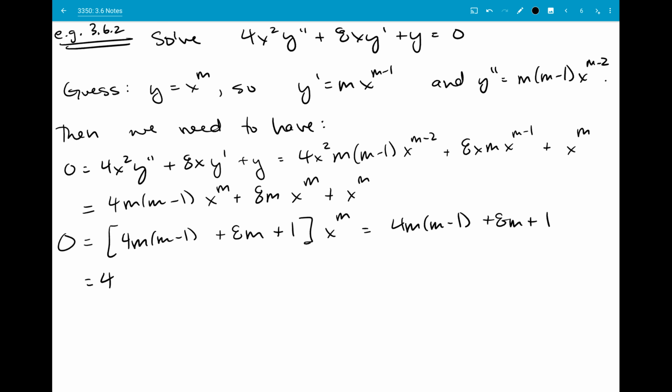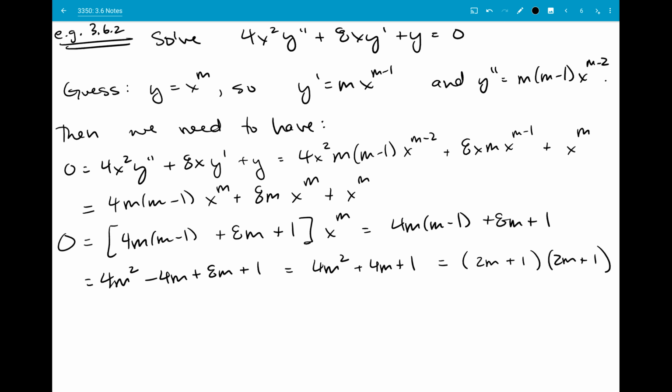So when I start to multiply things out, I've got 4m squared minus 4m plus 8m plus 1. So that's 4m squared plus 4m plus 1. And if I want to try to factor that, I'm probably going to need a 2m out front of both of these, and a 1 to get that plus 1 at the end.